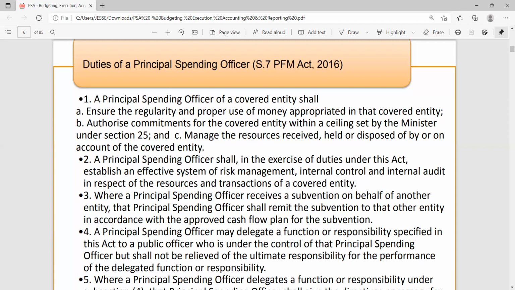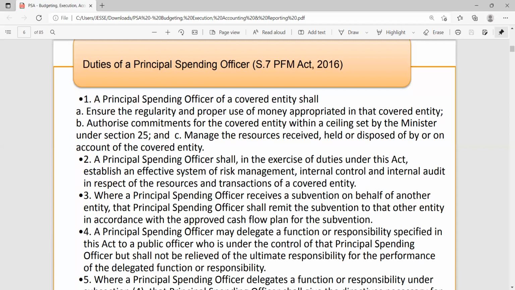Number 2, a principal spending officer shall, in the exercise of duties under this act, establish an effective system of risk management, internal control, and internal audit. It's very, very key.